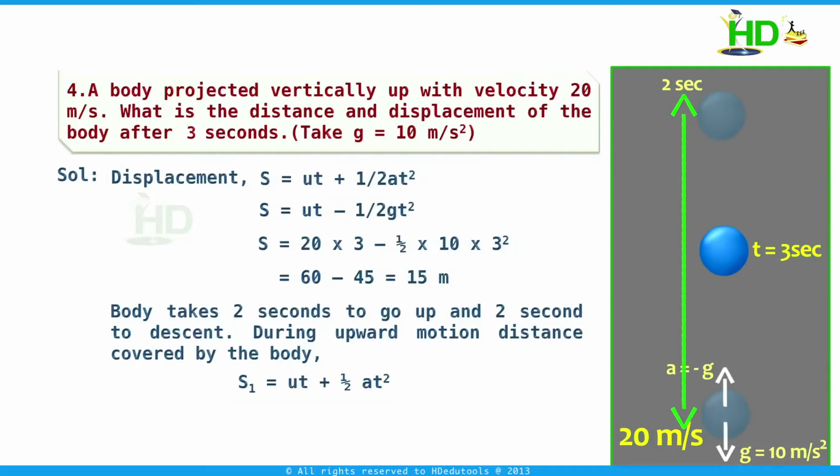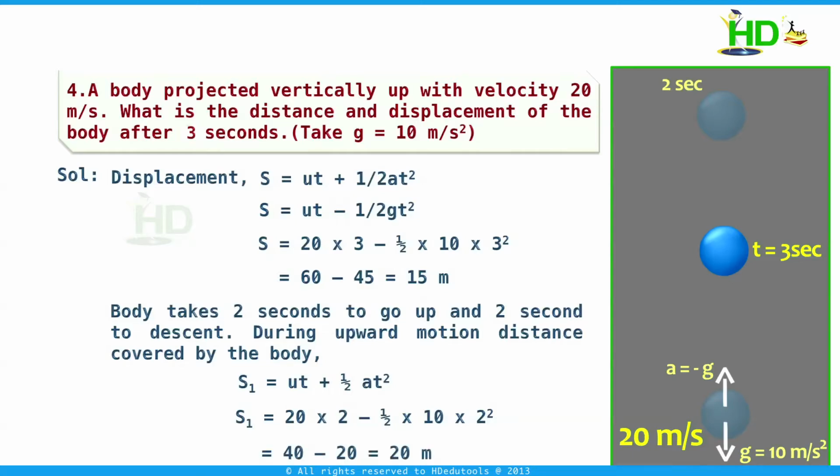In this case, u is 20 meter per second and a equal to minus g, which is minus 10 meter per second square. Now S1 equal to 20 into 2 minus 1 by 2 into 10 into 2 square. This is equal to 40 minus 20. This is equal to 20 meter. Now this distance is 20 meter.